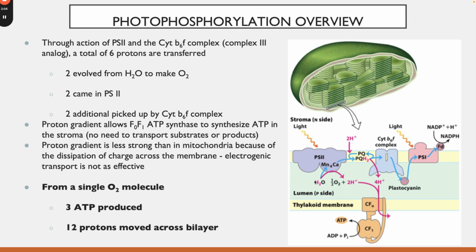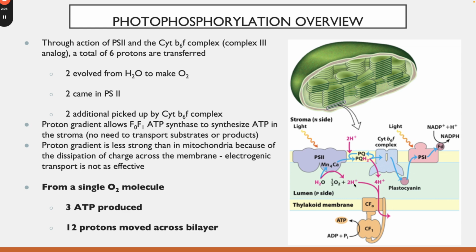As you can see, we're talking about the one water and then the half O2. And so the 2 protons from the water are basically going to get pulled apart from the oxygen. We're going to form our oxygen gas, and then the protons are going to go into the lumen side of the thylakoid and contribute to the ATP synthase.